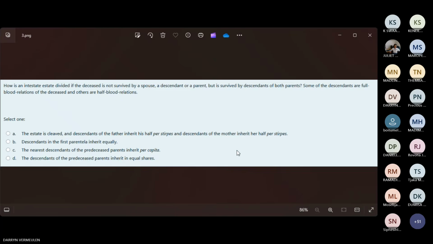Option C is the nearest descendants of the predeceased inherit. Option D is the descendants of the predeceased parents inherit in equal shares. And my first hand up, that was even fast. Which option do you pick?